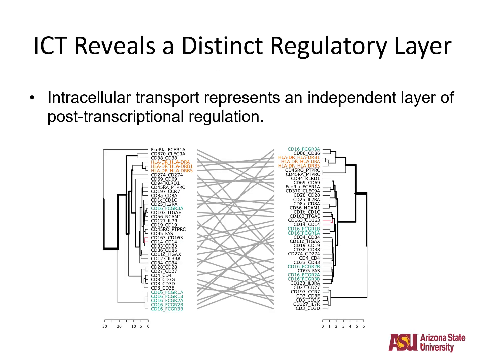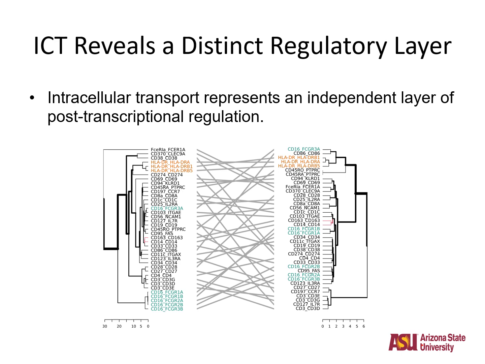Here we examine the overall ICT regulatory patterns. The heat map shows a many-to-many relationship where multiple ICT genes regulate the same surface protein and individual ICT genes influence multiple proteins. When we compared these patterns with the conventional mRNA protein relationship, we observe very different clustering.